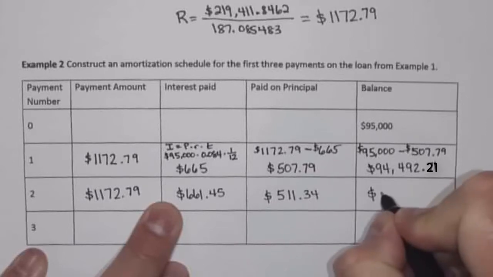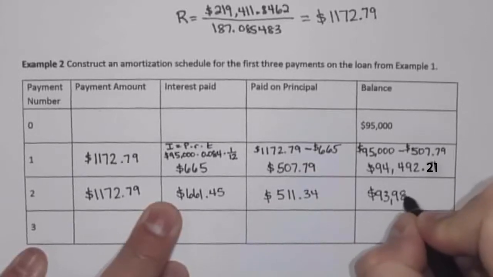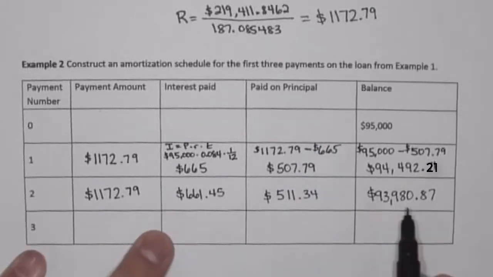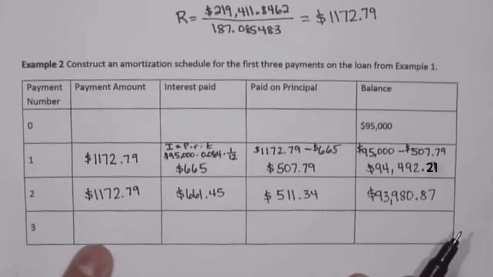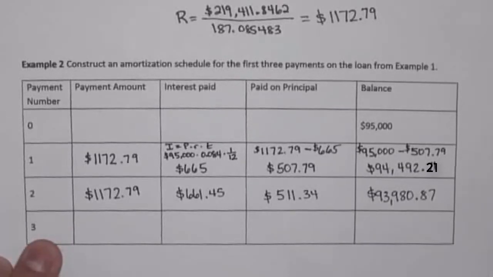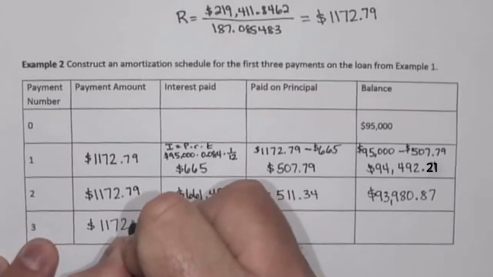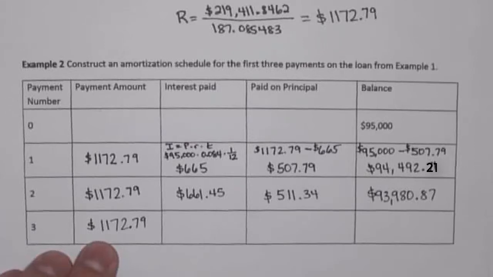So after the second month, we still owe $93,980.87 on the loan. So at that point, if the retiree wanted to pay off the loan, he or she would have to pay off $93,980.87.